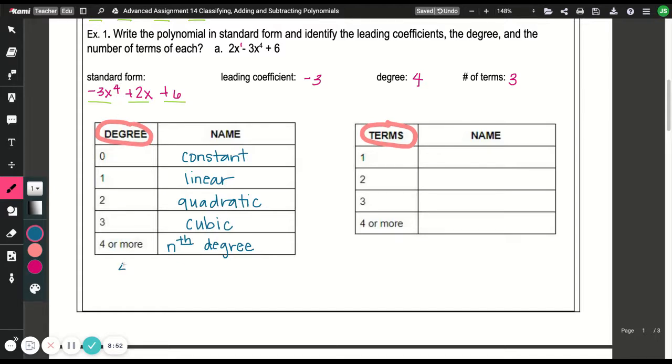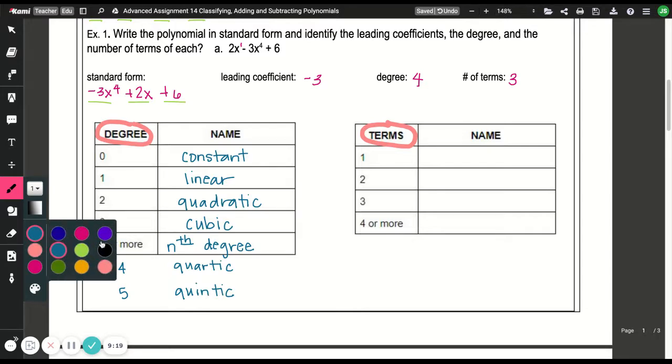But 4 and 5 actually have fairly common names that you should be familiar with. So 4 is a quartic, kind of like quarter. And 5 is a quintic. So the prefix quin means 5. Like if you have 5 babies at the same time, they're quintuplets. Quin is 5, so quintic.